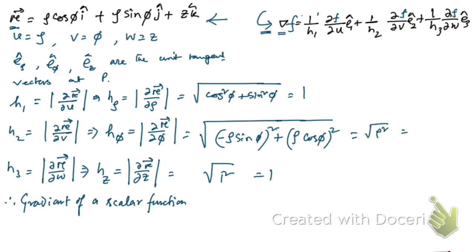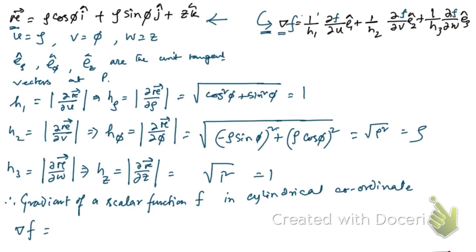This is rho square, that is rho. The gradient of a scalar function f in cylindrical coordinates will be given by grad f.